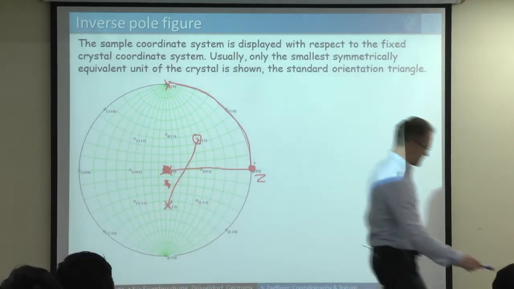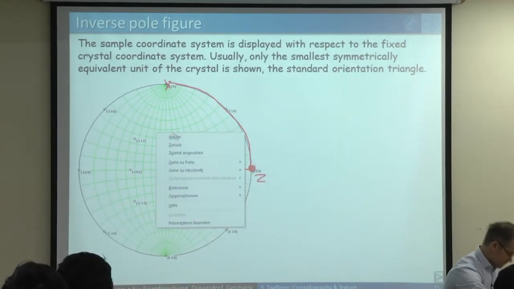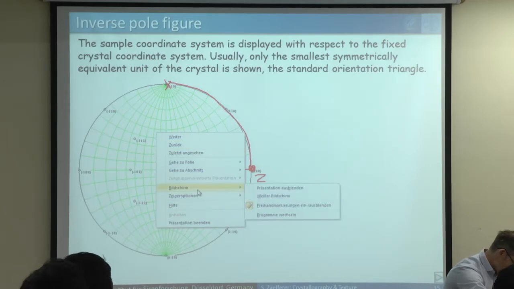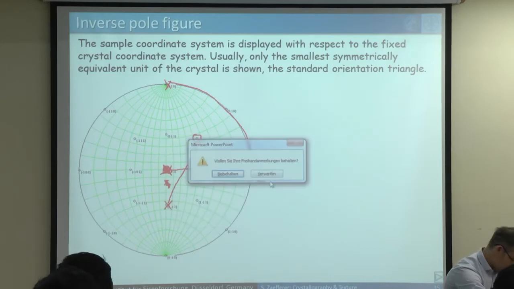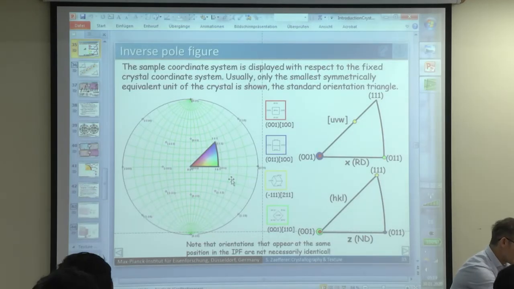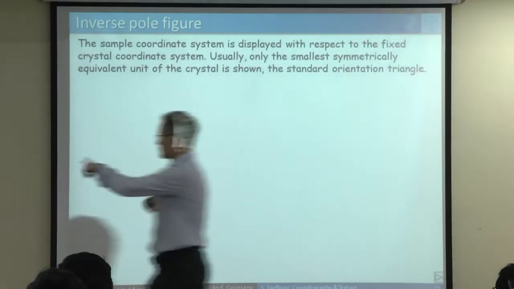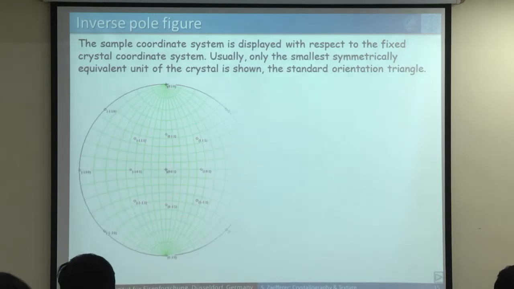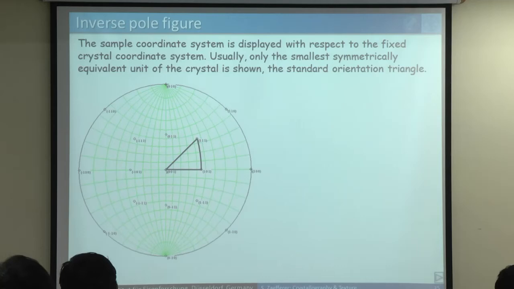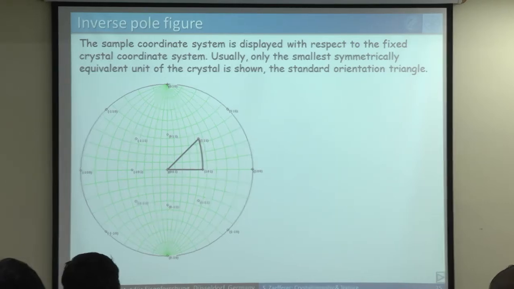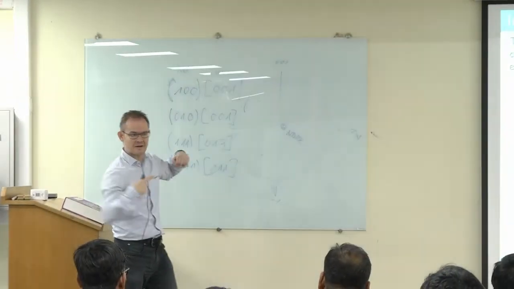Now let me clean up my drawings here again. I just leave it here and start again. And now comes the trick. I think this was a reasonably good introduction. So we are plotting our sample in there, but what we do is we limit ourselves to an area where we actually get a unique description, where these crystal symmetry operations don't play a role any longer.